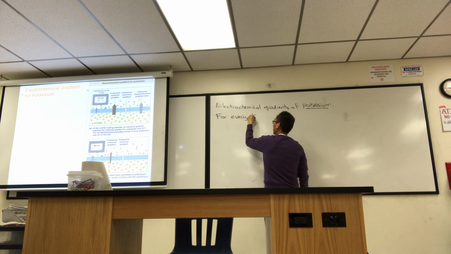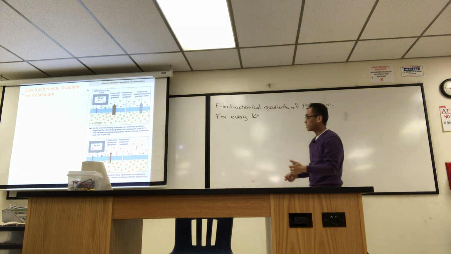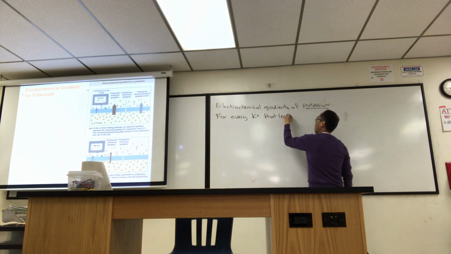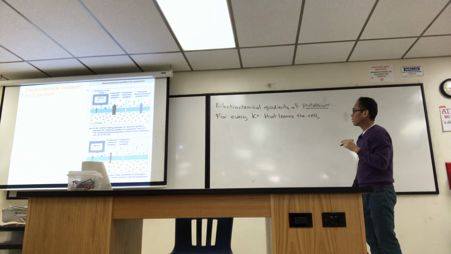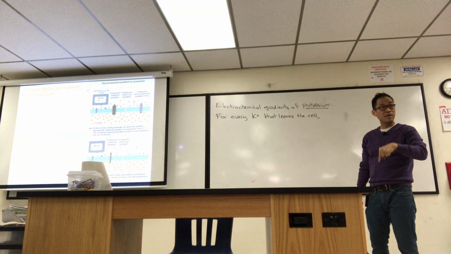For every positive potassium that leaves the cell, you're left with one excess negative charge on the inside of the cell.